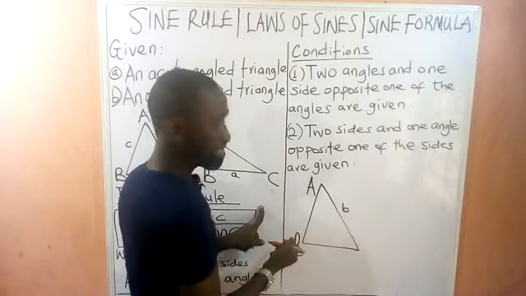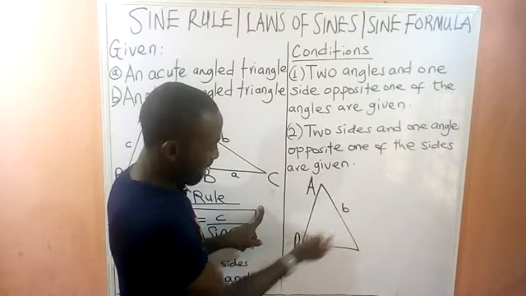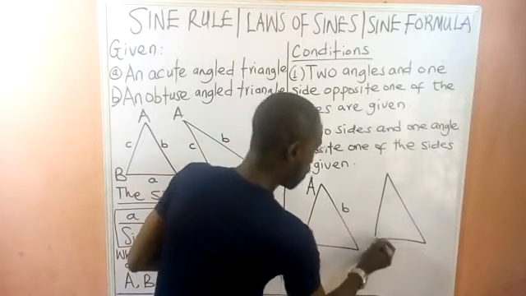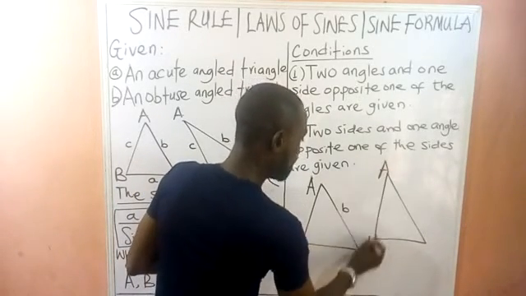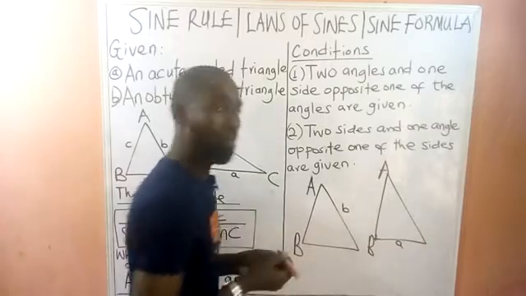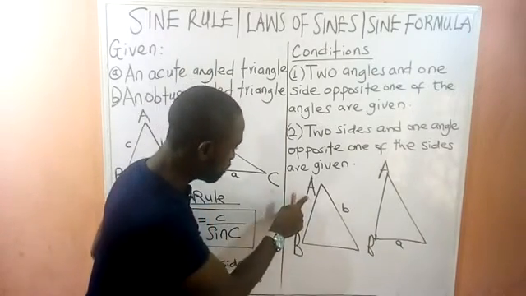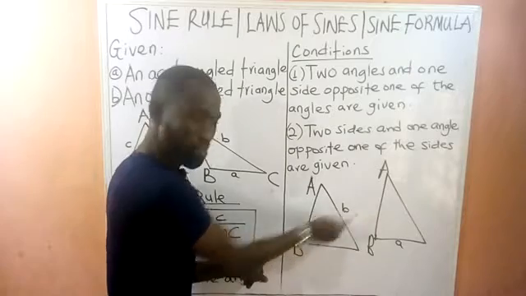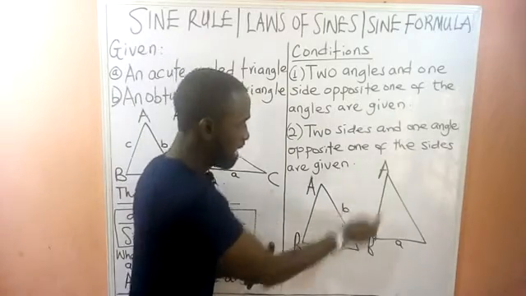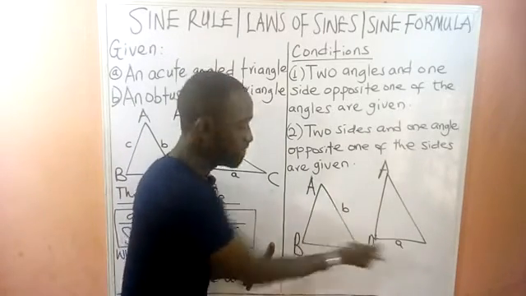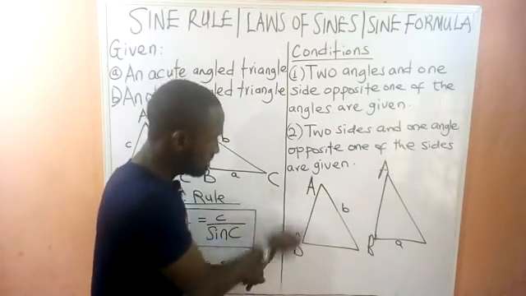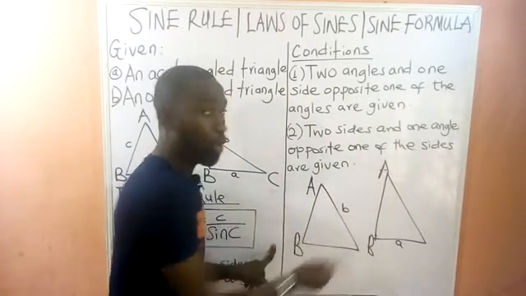I can have it like this, meaning I have 2 angles, and that side is facing angle B. Or I have it like this: angle A here, angle B here, and I have this small a, meaning these are the angles, angle A, angle B, then the side that is given is facing this. Or I have angle A, angle B, and the side that is given is facing this A. That side must be facing either A or B.